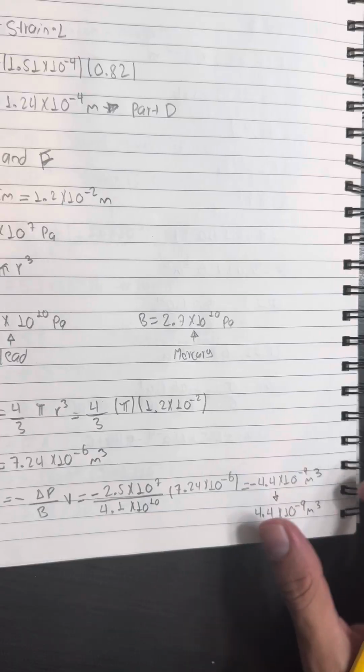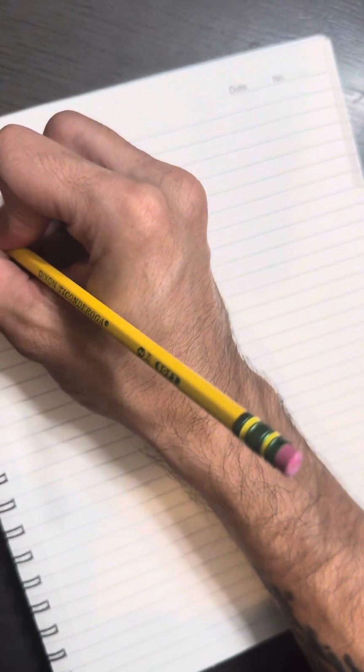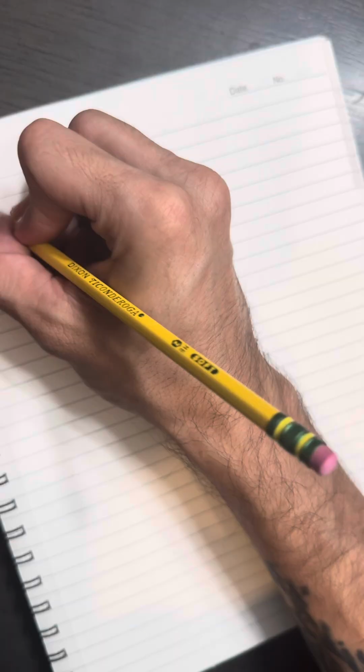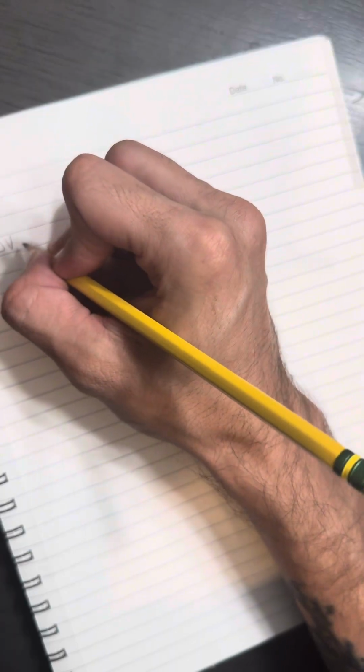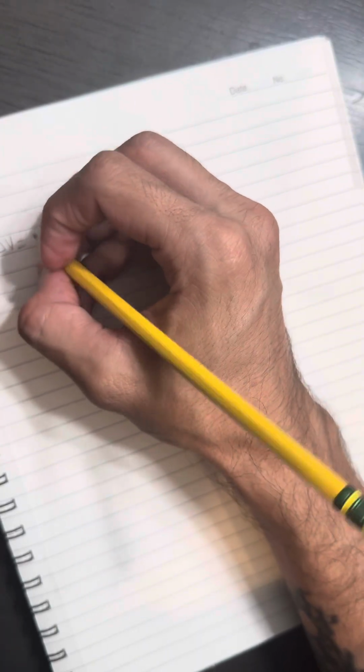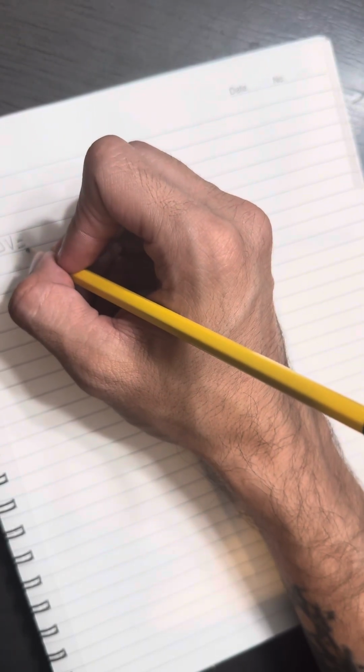And now we have to do the same calculations, but instead of doing it for lead, we're going to do it for mercury. So for part F, we're going to use the same formula to compute the volume decrease.